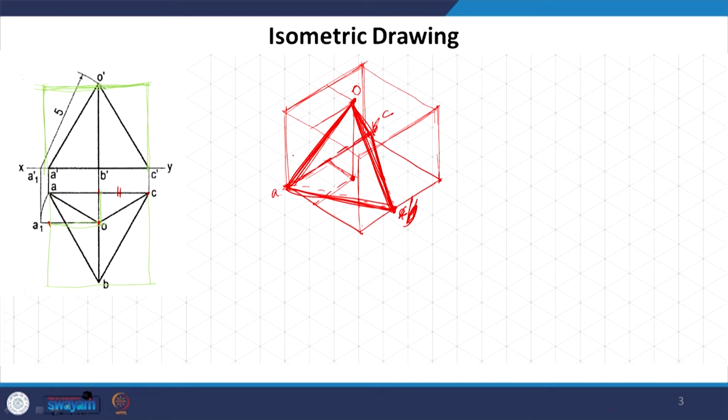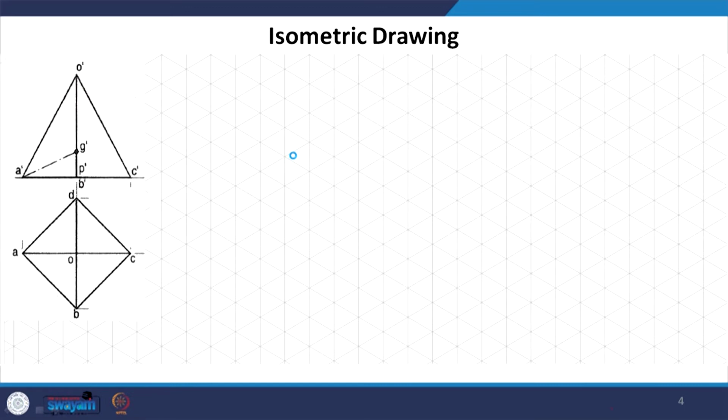Now, suppose the pyramid, this one is a square base pyramid. We will do exactly the same process here, but as you can see, this is inclined at 45 degrees. What we did with a square which was inclined is the same thing we are going to do here. So, what do we do here?